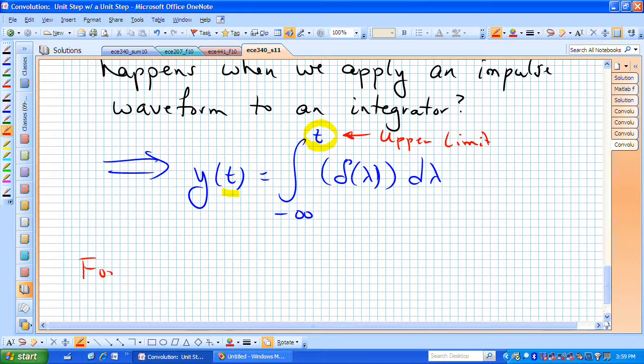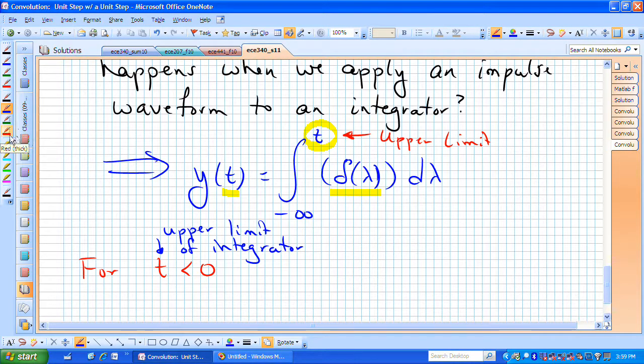Suppose we look at t less than 0, where the upper limit of our integrator is less than 0.